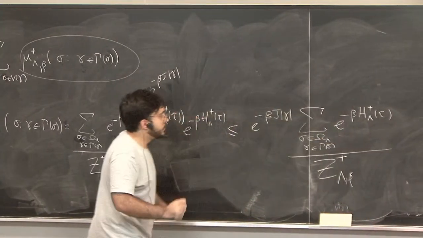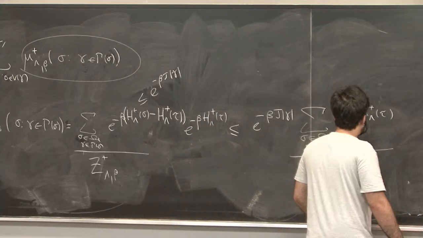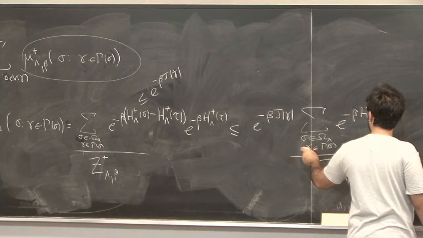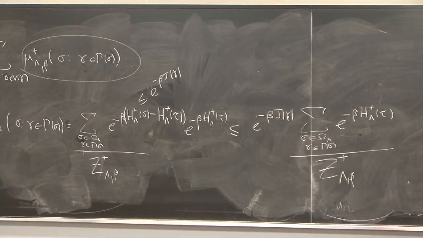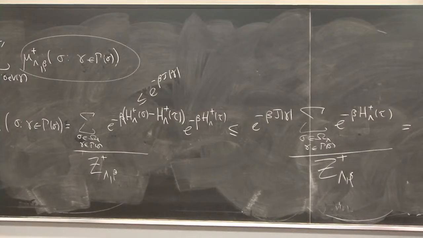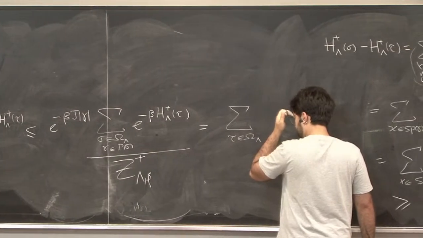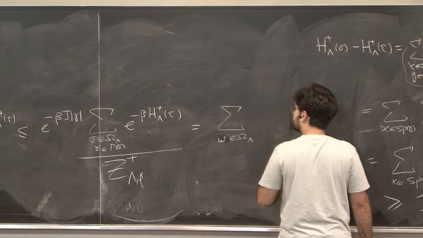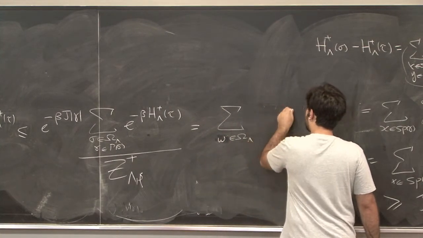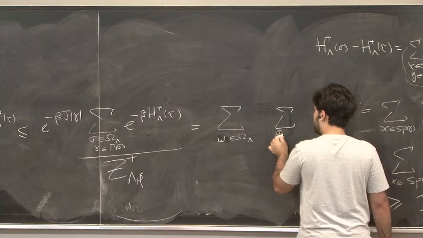So we are almost done now. I will make another trick right here. I will split this sum over here in layers in the following way. I will sum over all possible omega on the configuration space.